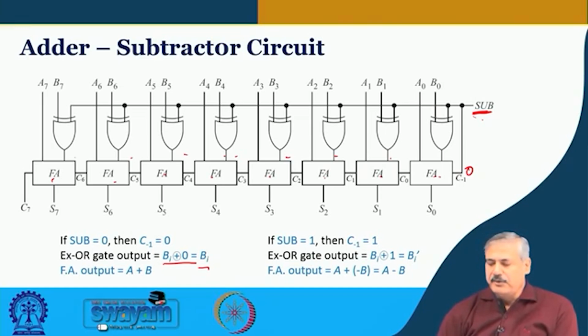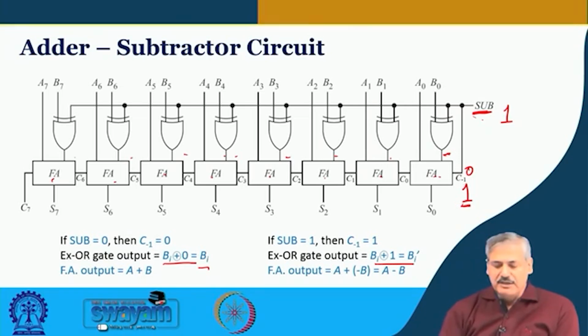Now, instead if sub is equal to 1, that means we are interested in doing subtraction. When it is 1, of course, the carry input will become 1, and Bi XORed with 1 is Bi prime. So, you will get the inversion of B, the complement of B, the 1's complement of B, and the 1's complement of B added with 1 gives the 2's complement.